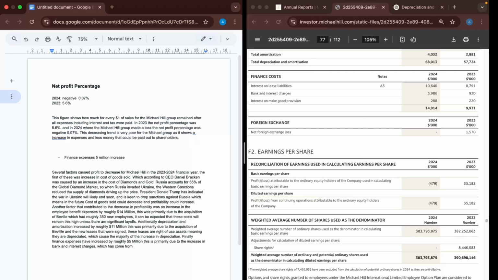So this is primarily due to the increase of bank and interest charge, which has come from increasing interest rates from the Reserve Bank in New Zealand and Australia, causing non-fixed interest rates to increase.